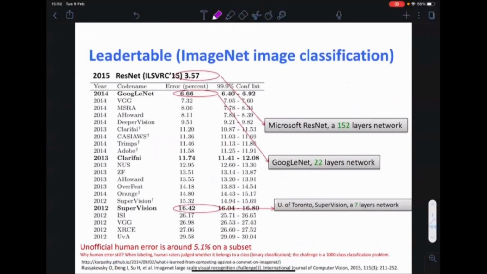I think this was 2015, and at that time they had already surpassed human-level classification performance. Looking at the earlier stages of neural nets, in 2012 there were 7 layers, then 22 layers, 152 layers, and now 1,000 layers, even more.